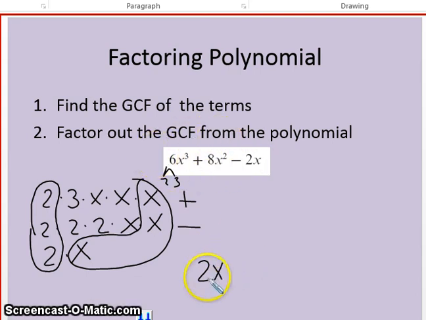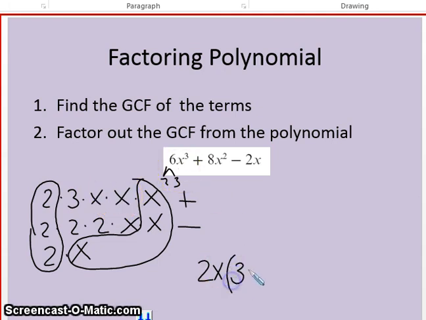So here's my greatest common factor, and next to it I'm going to write a parentheses. Now, what I write in this parentheses is what I can multiply 2x by to get my original polynomial. And how I find that is I look at what factors I have left in my factorization. So 2x times 3 times x is what will get me 6x cubed.